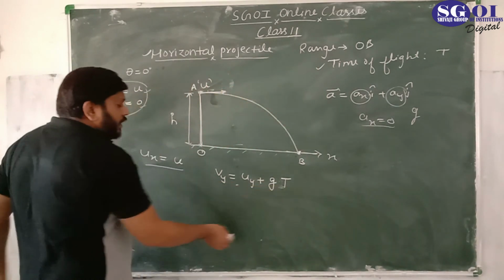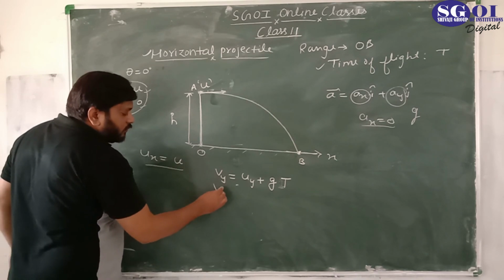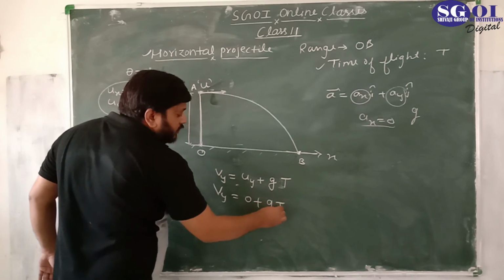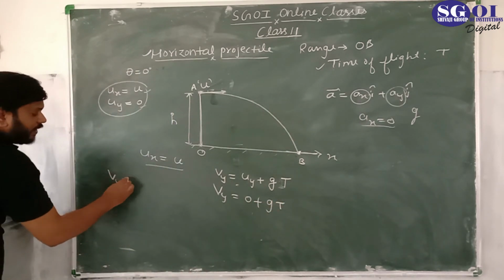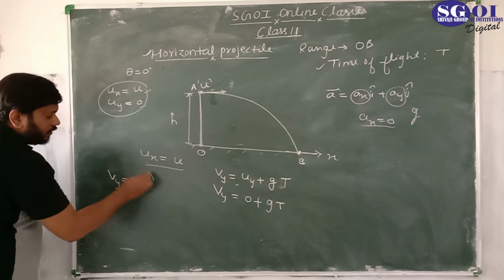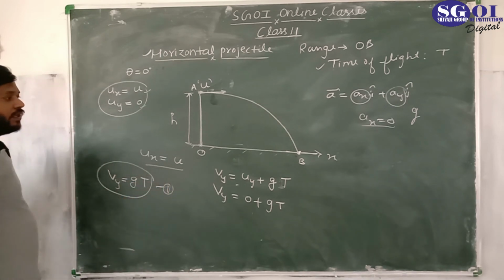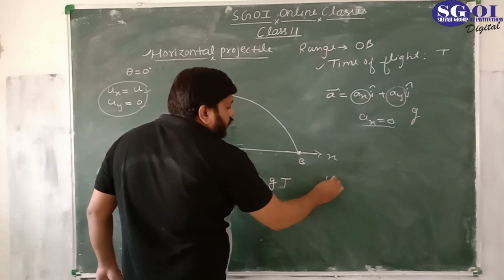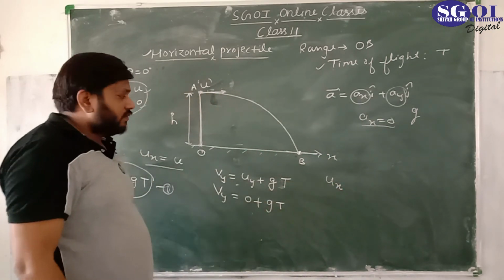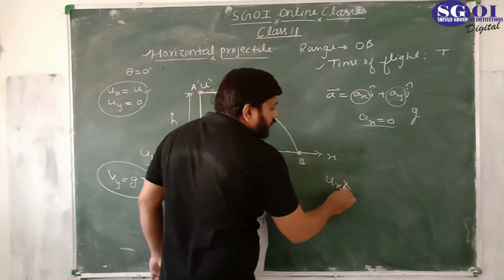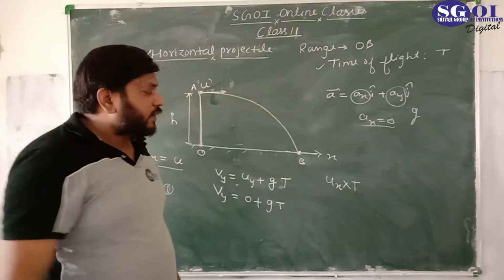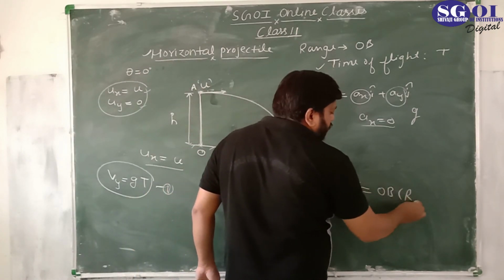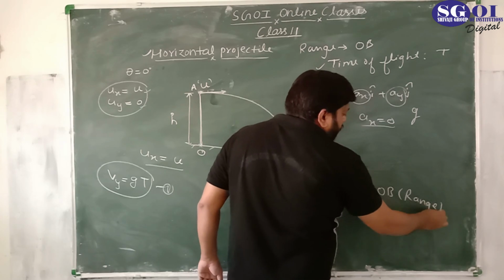Since uy is 0, vy equals gt. This is equation first. For the horizontal, speed into time is equal to distance, which is OB, and which is called range.